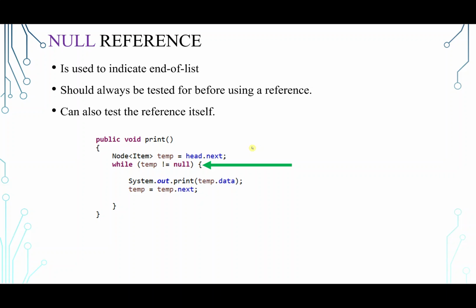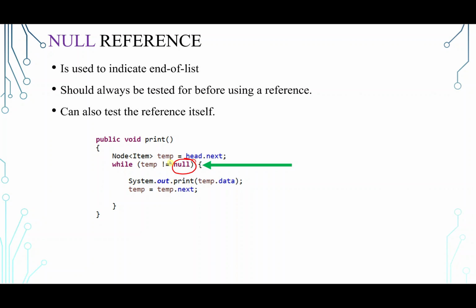And this is where the use of null comes in. Remember when I said I'm going to use null for traversing? Here it comes. The null reference is used to indicate the end of the list. It should always be tested before using references. You can also test the reference itself.